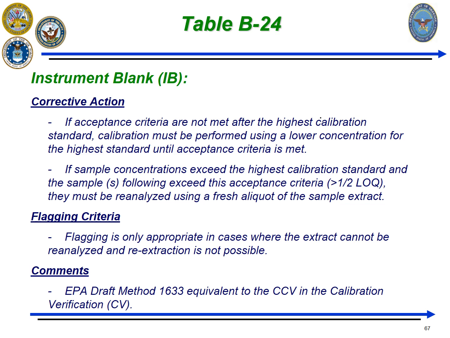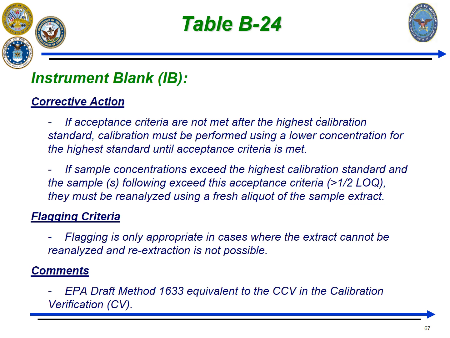If sample concentrations exceed the highest calibration standard and the samples following exceed the acceptance criteria, i.e. greater than 1/2 the limit of quantitation, they must be reanalyzed as well using a fresh aliquot of sample extract. Again, you possibly contaminated that vial, you need to go ahead and get a fresh aliquot of those sample extracts and rerun those. Flagging is only appropriate in cases where the extract cannot be analyzed or re-extracted.